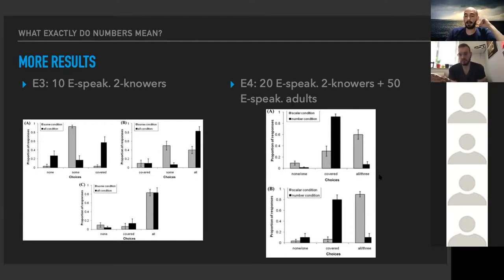Yeah. But still, if the choice of the cover box is our index of implicature computation, here the adults only derive the implicature in 30% of the time, right? Yeah. Which is super low, a super low rate of scalar implicature computation on "some."